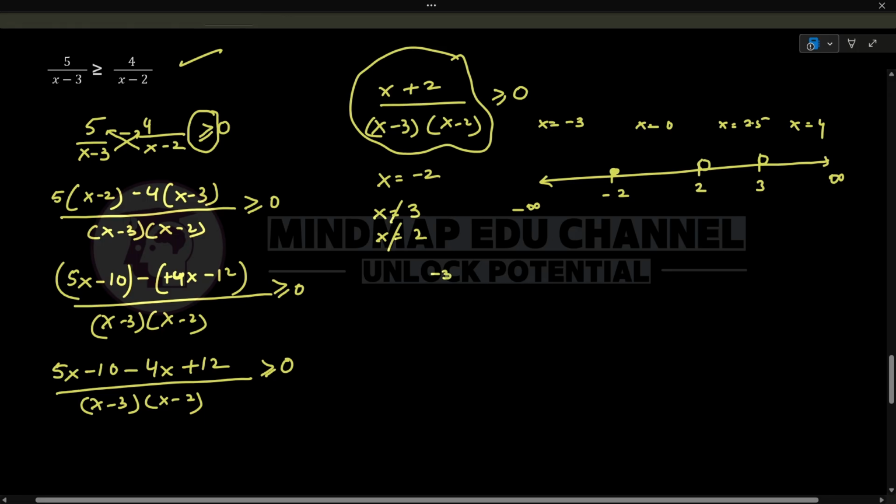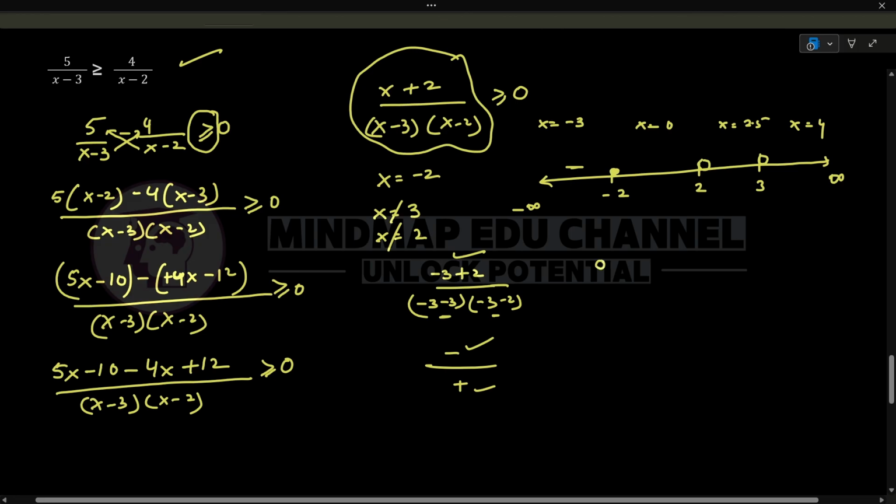It will be minus 3 plus 2 over (minus 3 minus 3)(minus 3 minus 2). In the numerator we get a negative, and in the denominator negative times negative becomes positive. So negative on the top, positive on the bottom, so it will be a negative section here.